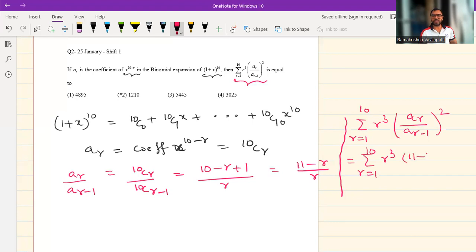So (11 - r)^2 by r^2. This gives us, r^2 will be cancelled. Sum from r = 1 to 10 of r into, we must expand this, 121 - 22r + r^2.